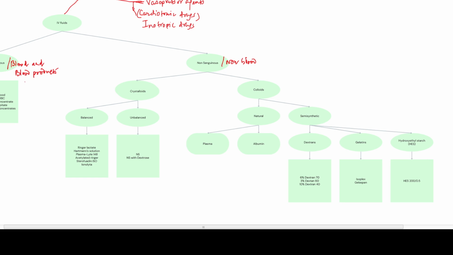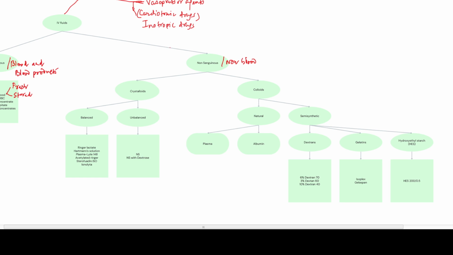So the blood and blood products, we can have whole blood, and whole blood can be fresh or stored blood. We can have packed RBCs, we can have platelet-rich concentrate, we can have cryoprecipitates, and we can have clotting factor concentrates. Okay?